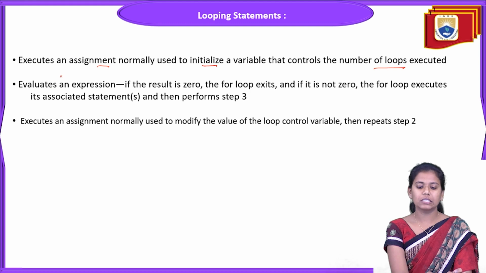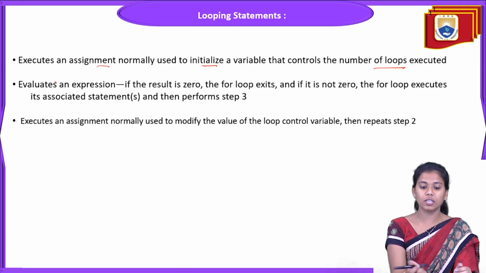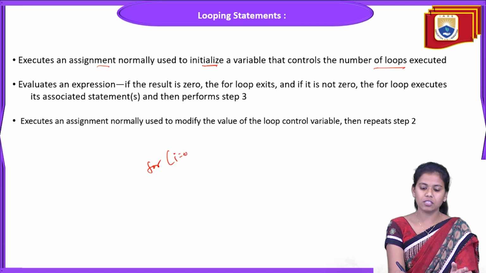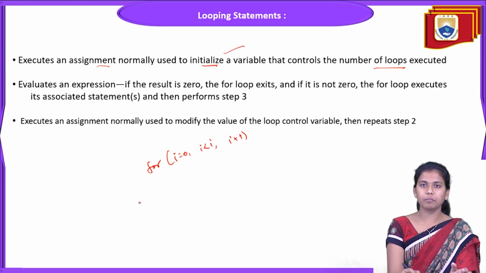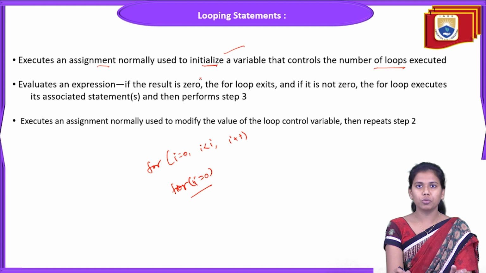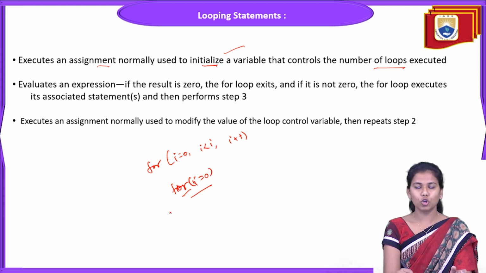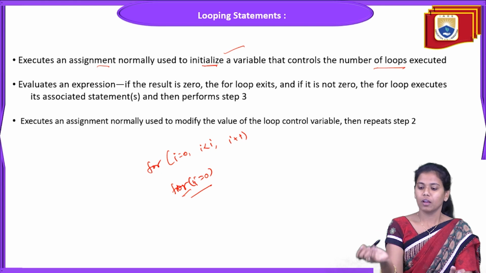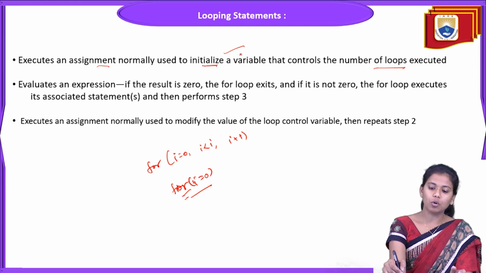For example, for i = 0; i < 1; i++. This is how we initialize the variable, which controls how many times the loop is executed in that particular block.